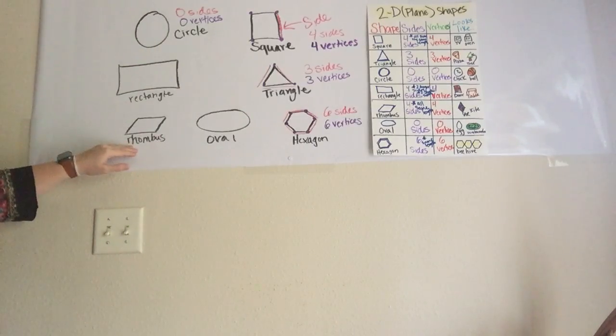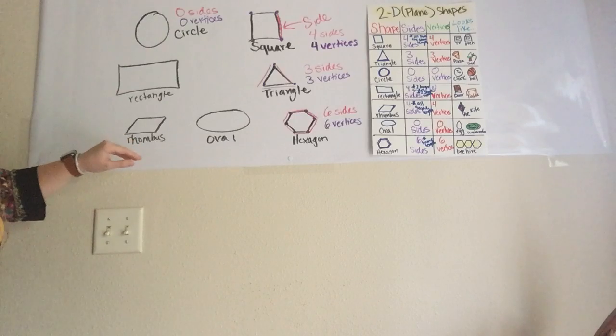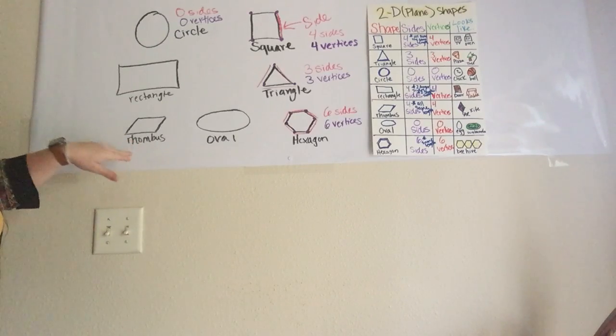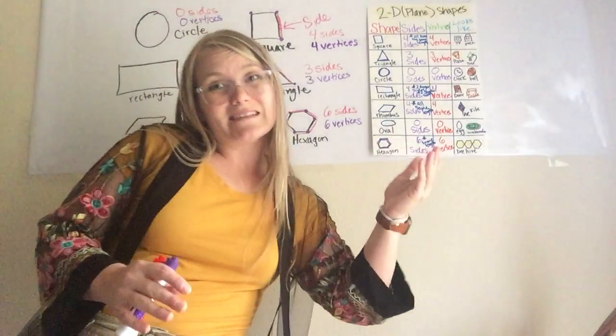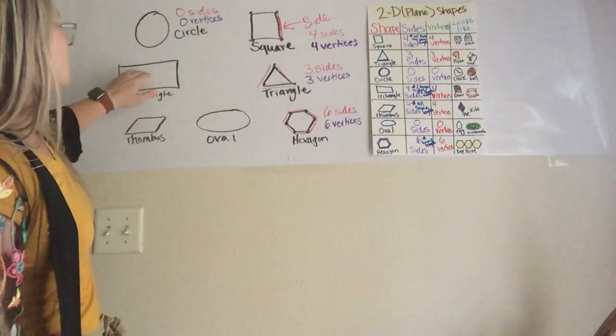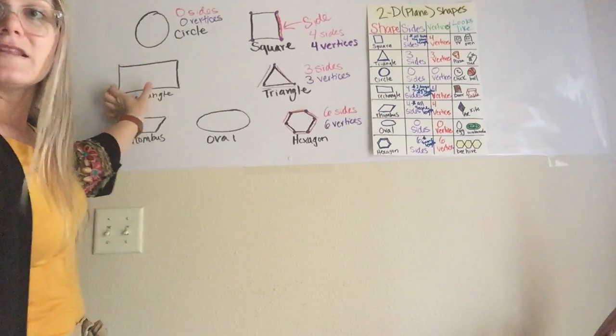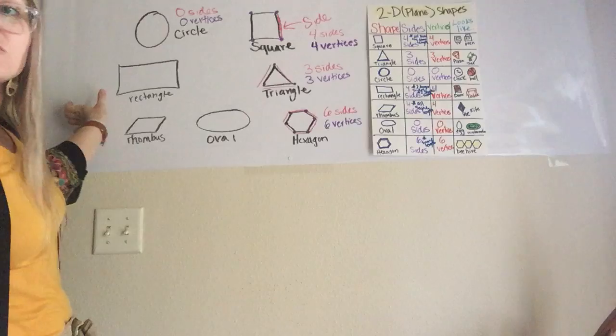It still has 4 sides, just like a square, and all of its sides have the same length. They're just kind of tilted. And a rectangle has 4 sides, but 2 of the sides are longer than the other 2. So it has 2 long sides and 2 short sides.